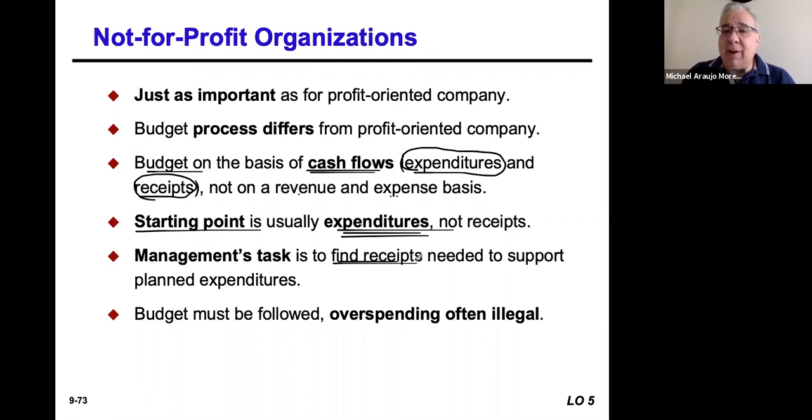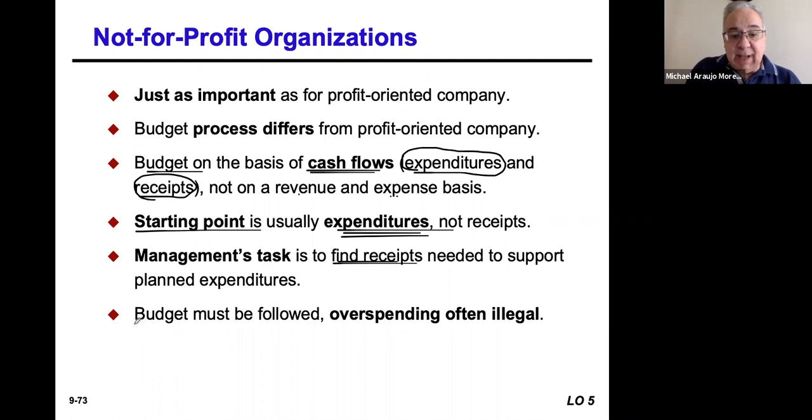There's always nonprofits, whether it's like a Shriners Hospital or a Wounded Warrior, or pets that have been abandoned or abused or other types of things. They're all trying to find receipts. They're all trying to find money to come in to help them meet the expenditures that are there.